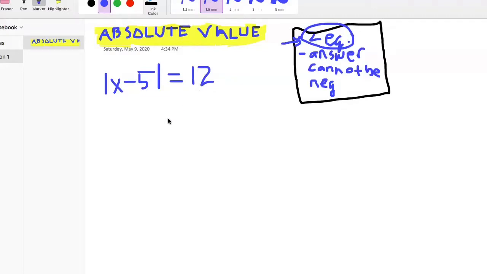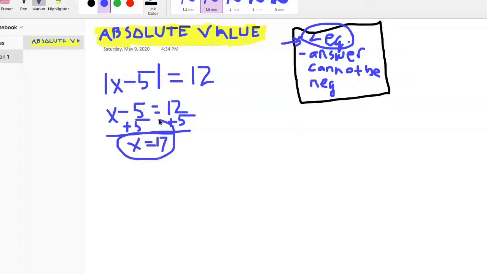When you see something like this, we take the absolute value sign off, and we do two equations. The first one, we just take the absolute value sign off. We add 5 to both sides because we want x by itself. 12 plus 5 is 17. x equals 17. That's the first part of the answer.